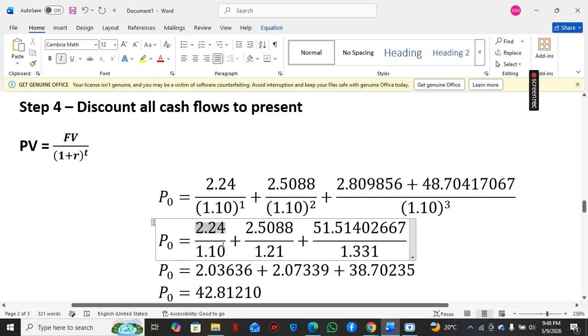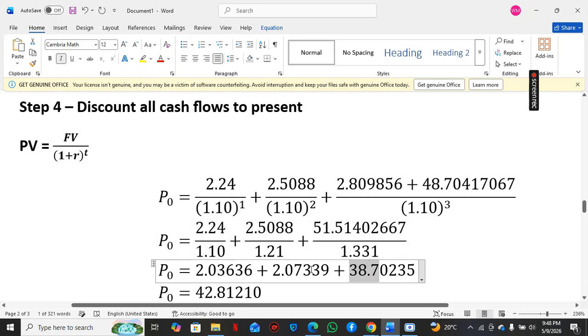These denominators, we've already solved them, and you just do your divisions. 2.2 divided by 1.1, 2.03. 2.58 divided by 1.21, 2.07. 51.5 divided by 1.331, 38.7.